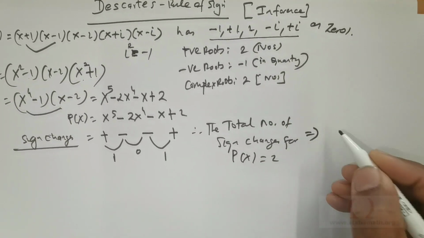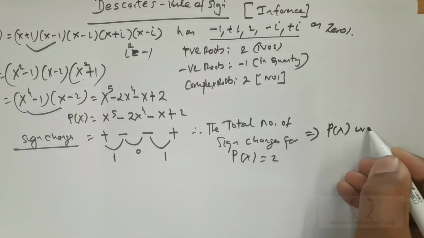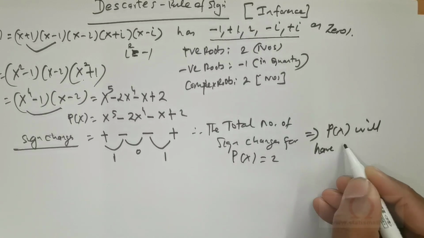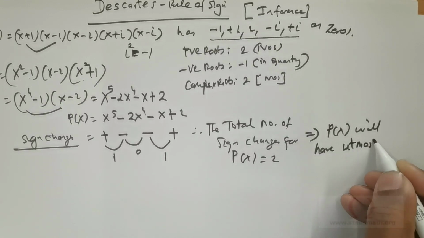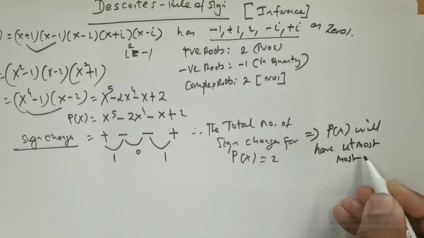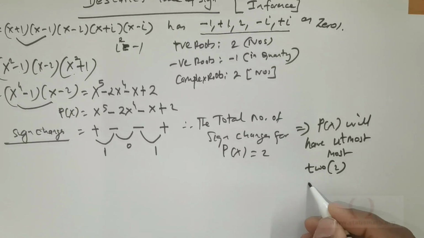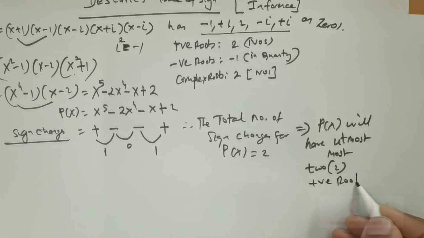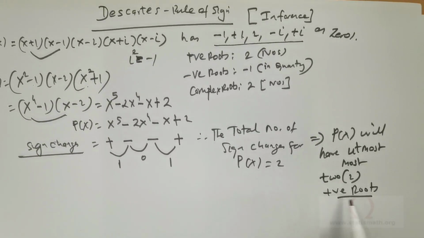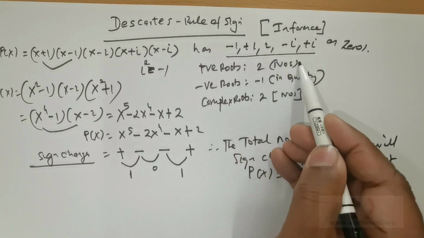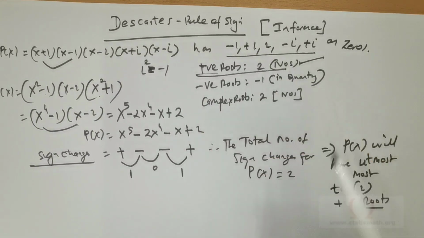So this would mean p(x) will have at most, that is the maximum, 2 positive roots. So clearly we see that there are 2 positive roots given here.